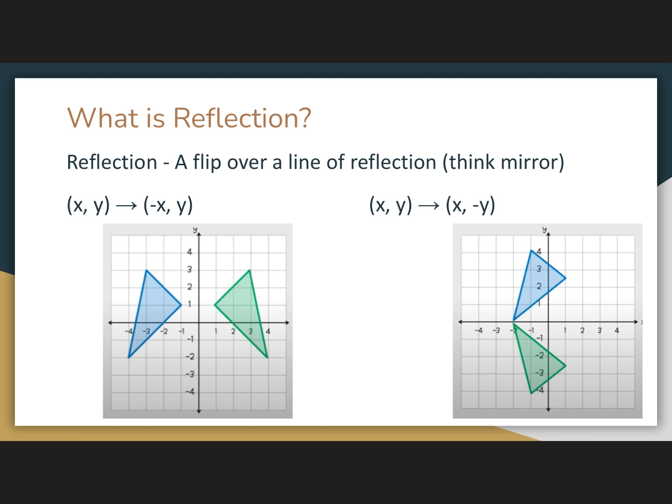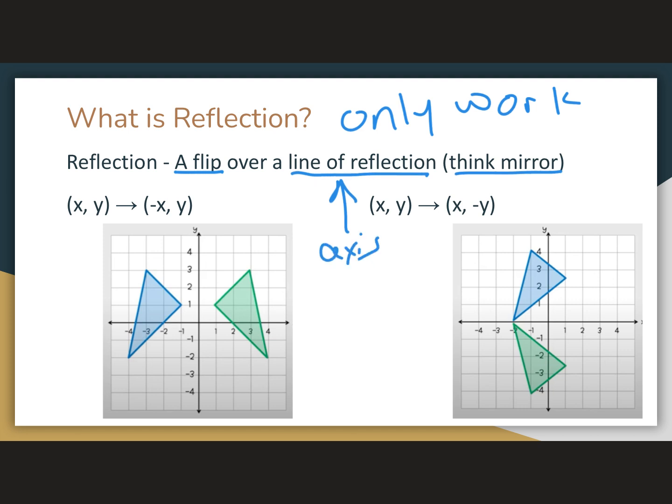Okay, so next let's talk about what is reflection. So reflection is just a flip over a line of reflection. Think about a mirror. Now the rules I'm giving you here only work when our line of reflection is our axis.